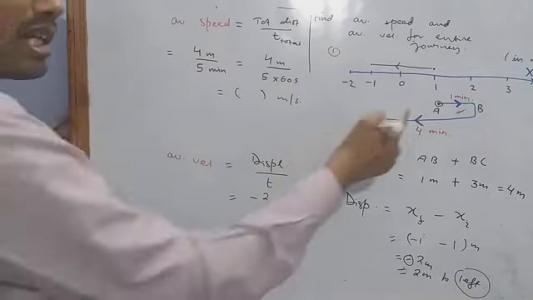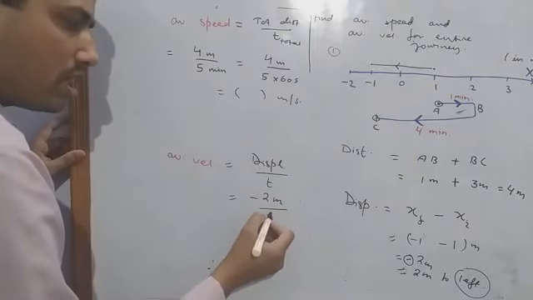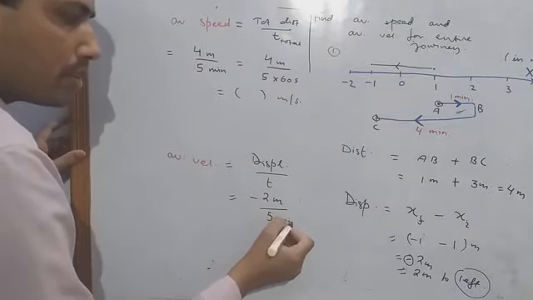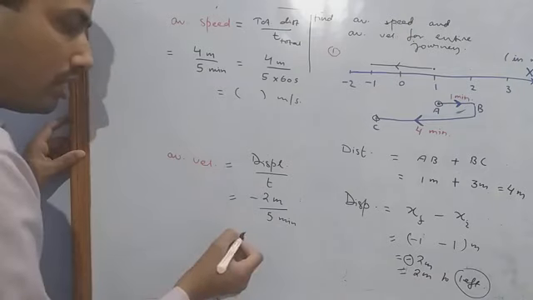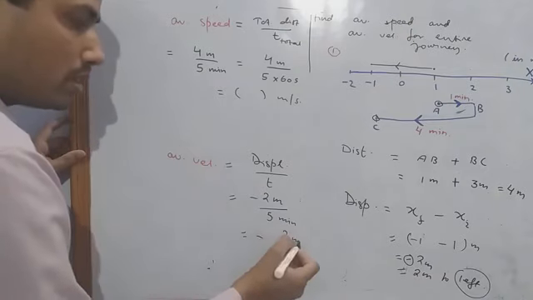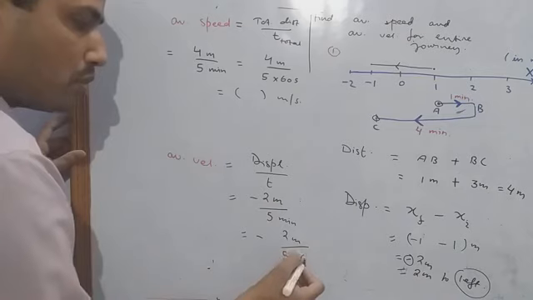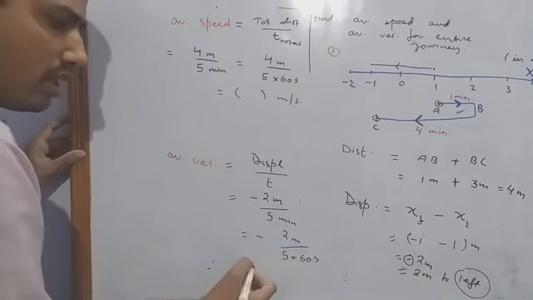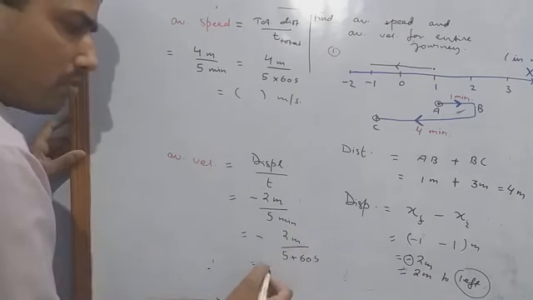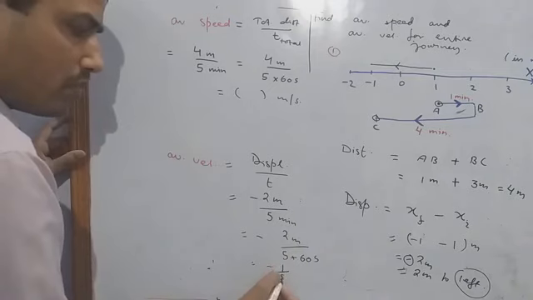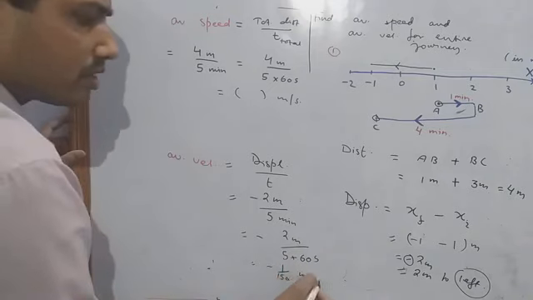By total time we have seen 1 minute plus 4 minutes, that is 5 minutes, is equal to -2 meters by 5 into 60 seconds. So this you can calculate. This becomes -1 upon 150 meters per second.